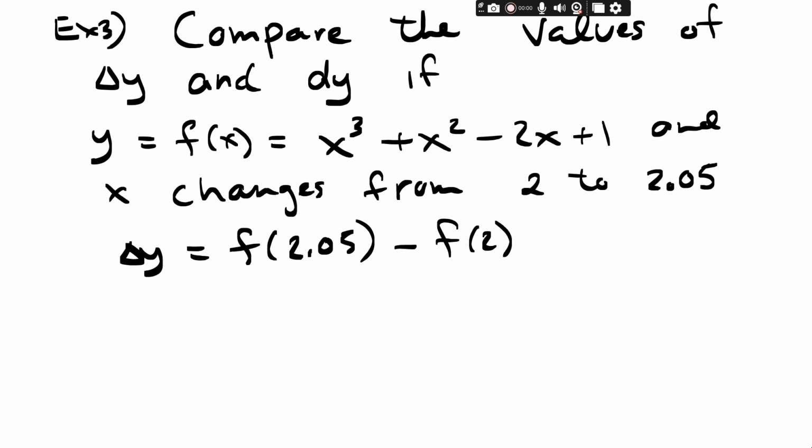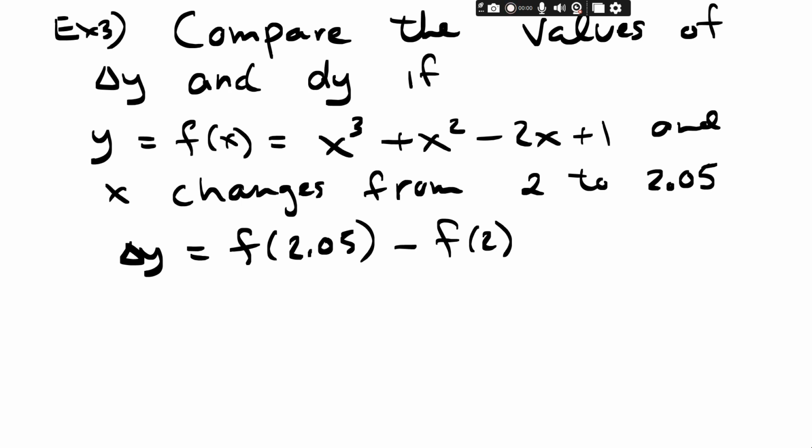So I'll let you guys plug it in the calculator, go for it. Can you plug in 2.05 into that function? It's going to be 9 point something or other. Cool, okay.